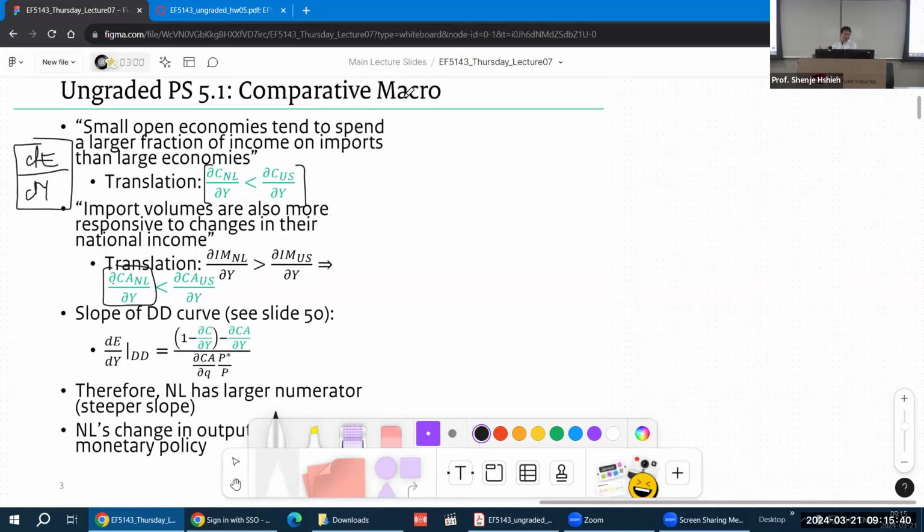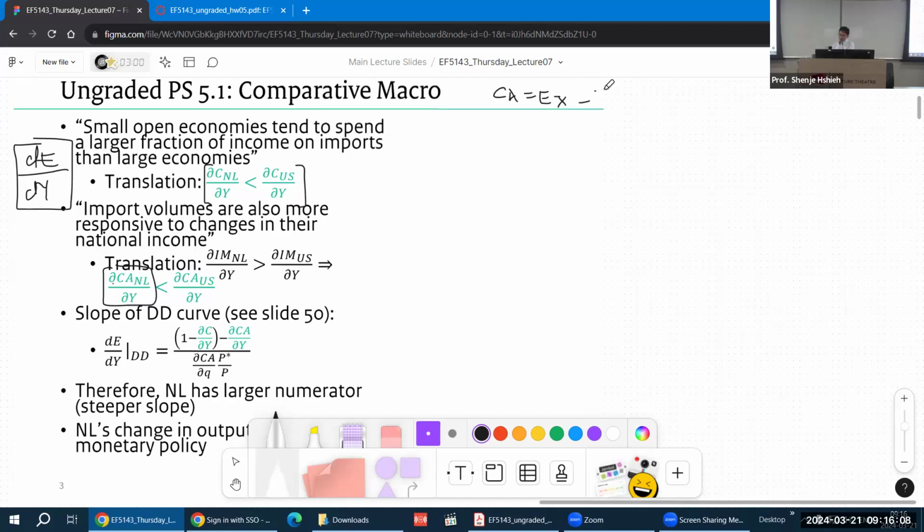So all we're doing is comparative macro. I'm not even assigning numbers to these sensitivity terms. I'm just saying that all else equal, the Netherlands are more likely to dedicate a larger fraction of their income towards savings abroad or buying goods abroad. So you can imagine that their domestic consumption is less sensitive than the US. And second, based on import volumes, again, we define import volumes because our current account is interpreted as EX minus IM, right?